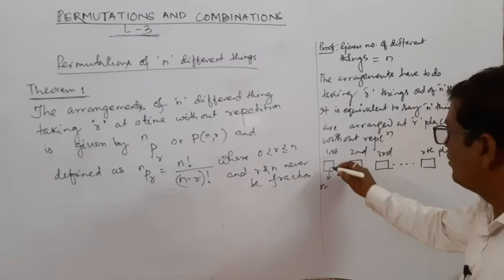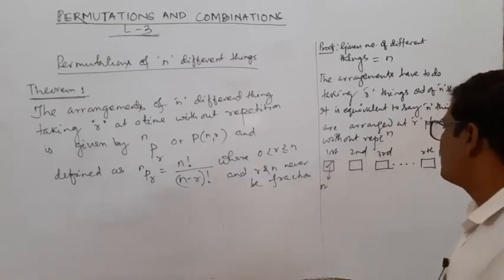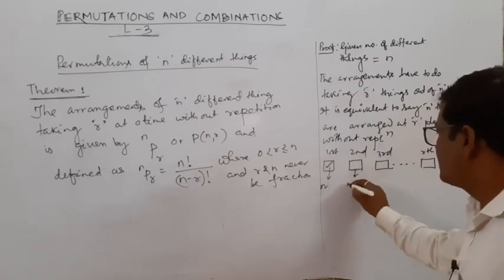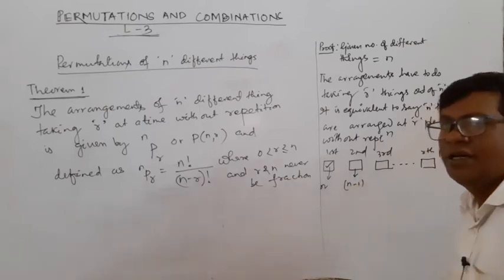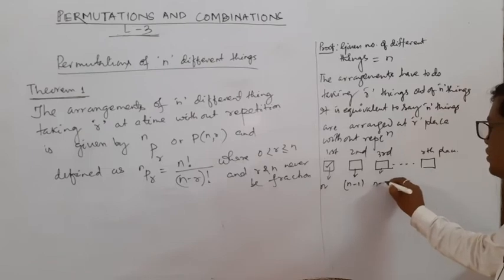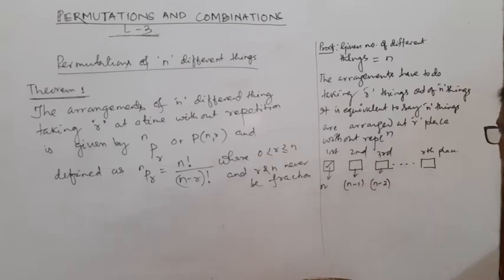Now one thing is fixed here, so the total number of remaining things is n minus 1. So this can be filled in n minus 1 ways, and this in n minus 2 ways. The third is n minus 2, and the rth is n minus r plus 1.